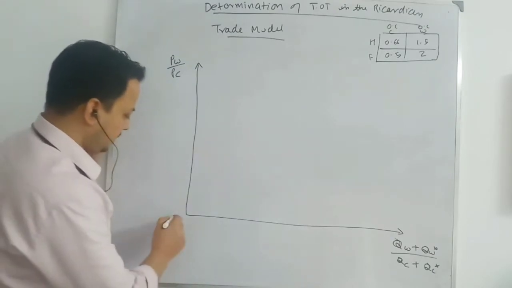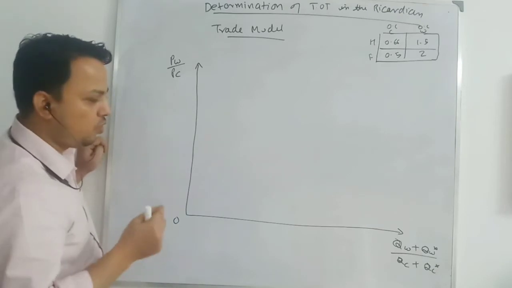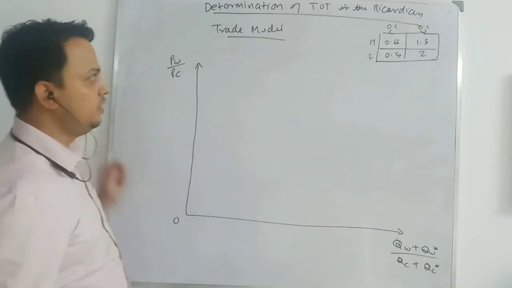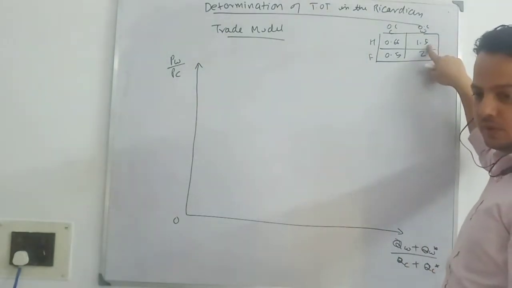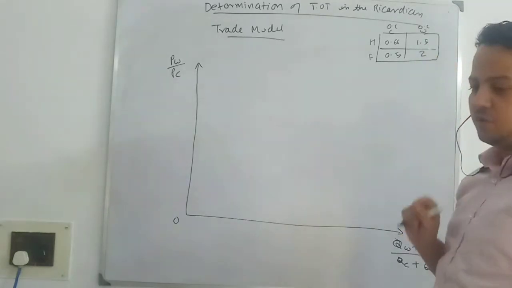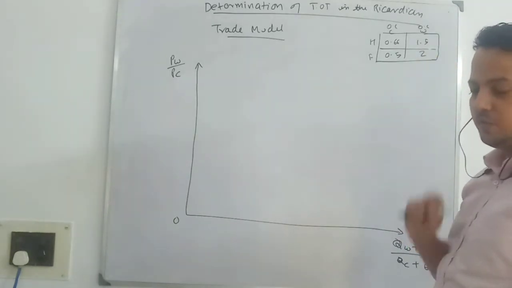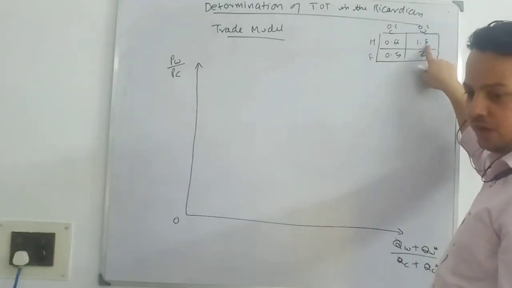Now, understand the way we are doing. What is the opportunity cost of producing wine in terms of cheese in the home country? It is 1.5.